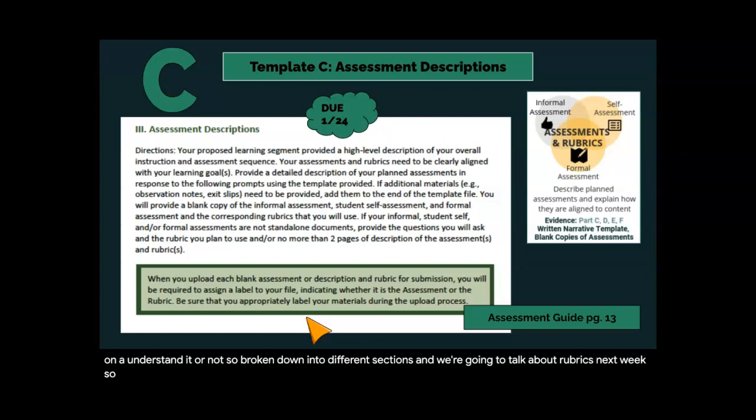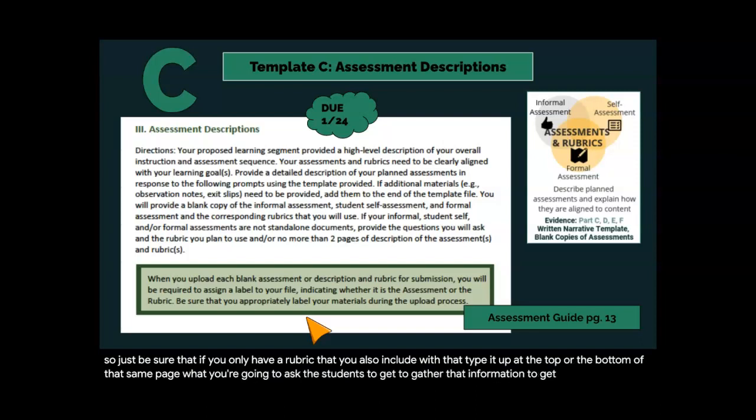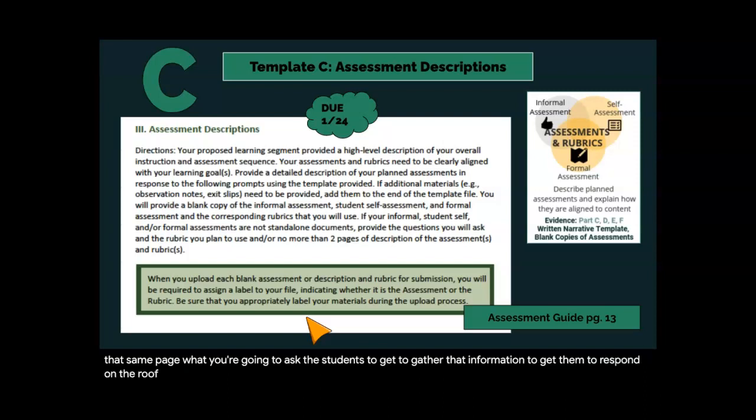So just be sure that if you only have a rubric, you also include with that, typed up at the top or the bottom of that same page, what you're going to ask the students to gather that information and get them to respond on the rubric, okay? Or you can use an assessment with it. It's up to you.